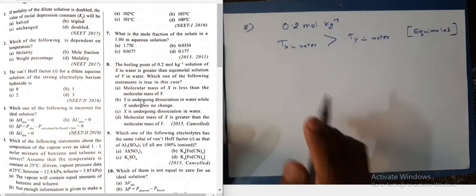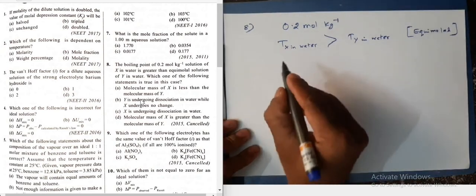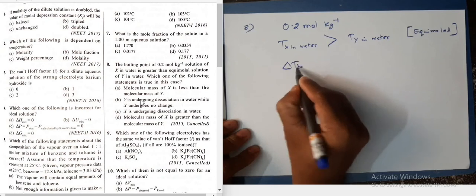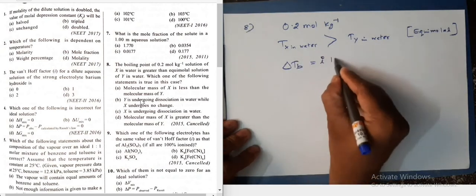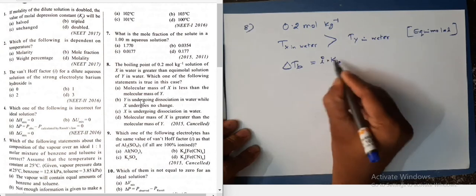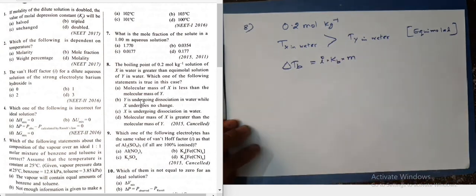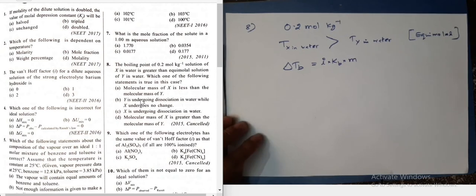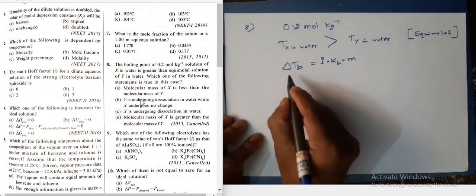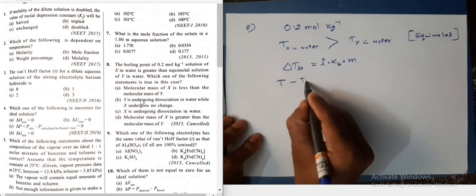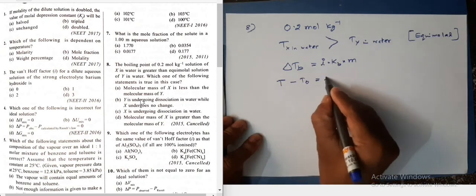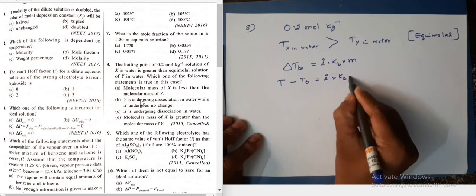Students, observe this carefully. Since boiling point is given, you know very well delta TB is equal to i into KB into m. Delta TB is nothing but the boiling point of solution minus the boiling point of pure solvent, equal to i into KB into m.